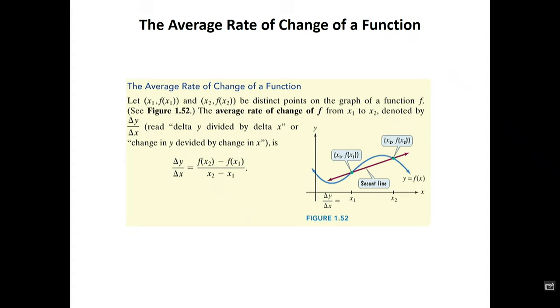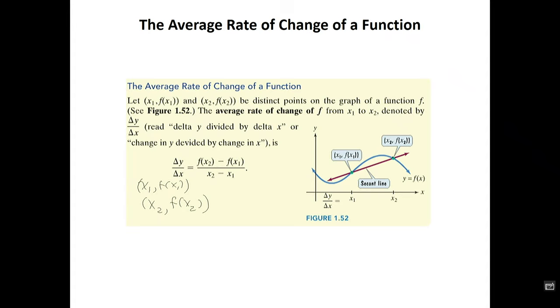So the average rate of change, denoted as delta y over delta x, is going to be the change in y over the change in x. If we look at the point x1, f of x1, and the point x2, f of x2, we're basically just using the definition of the slope, the change in y.